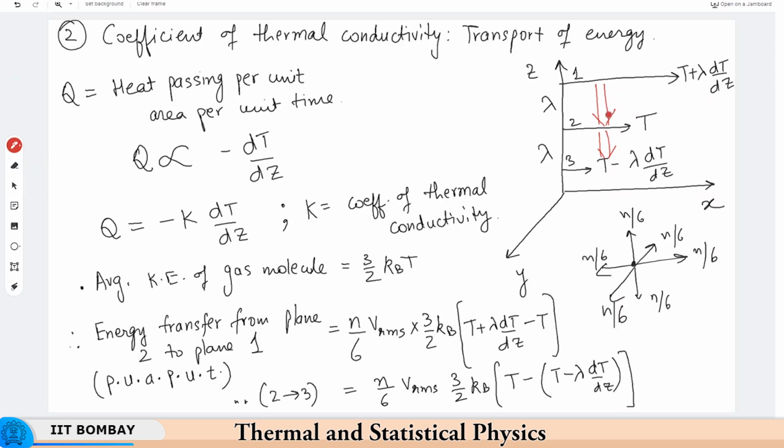And therefore, what will be the total, net heat transfer? That will be just the sum of these two, right. So, therefore, Q will be n by 3 times V RMS times 3 by 2 kB times lambda dT by dz, right.